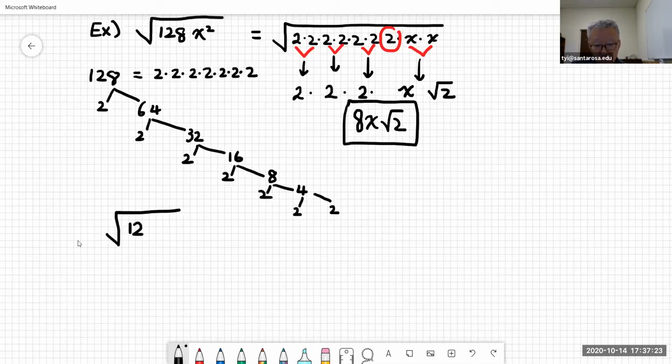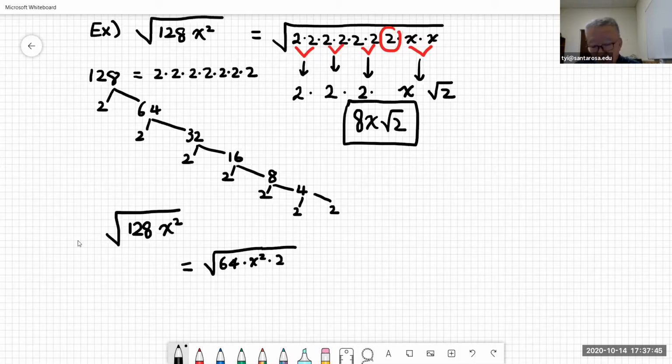So you've got 128x squared, right? We might want to break this into, for example, 64 times x squared times 2.